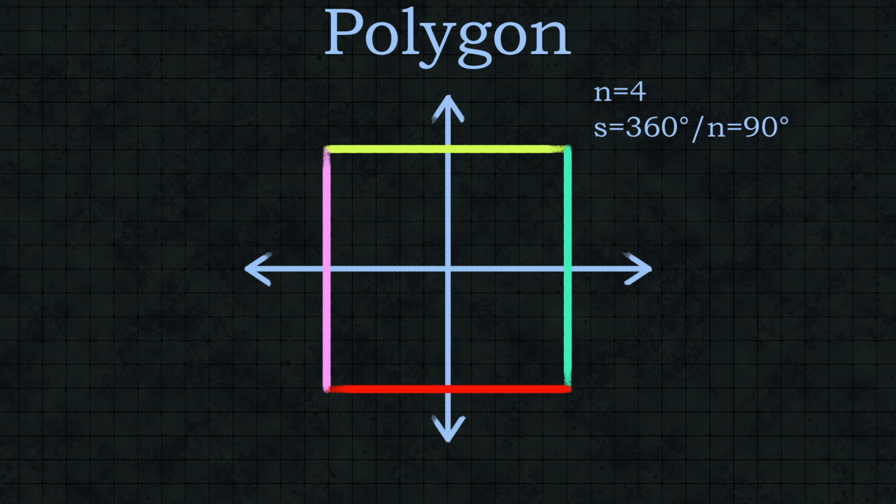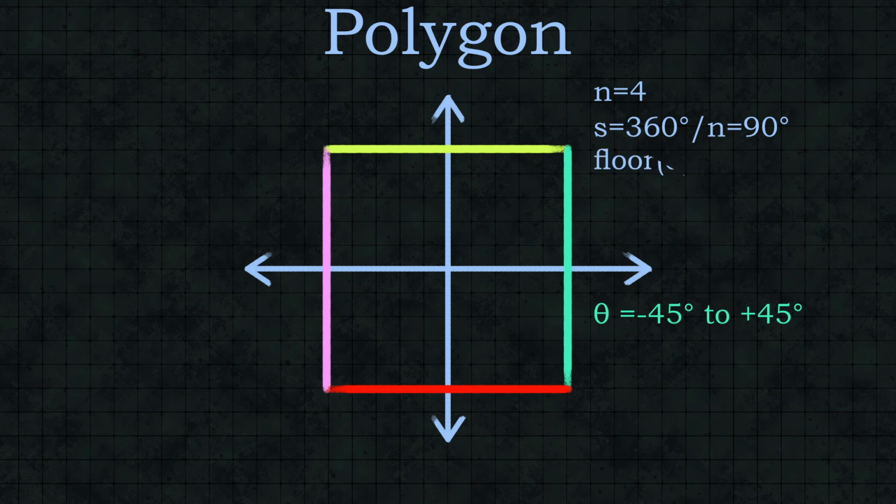Next, I want a floor function that goes from 0 when you're on the first side, and then 1 when you're on the second side, 2 when you're on the third side, and 3 on the fourth side. And I'm going to multiply that by my s value. So I'll have 0, 90, 180, and 270 degrees. Now theta is going from minus 45 degrees to plus 45 degrees in the first side here.